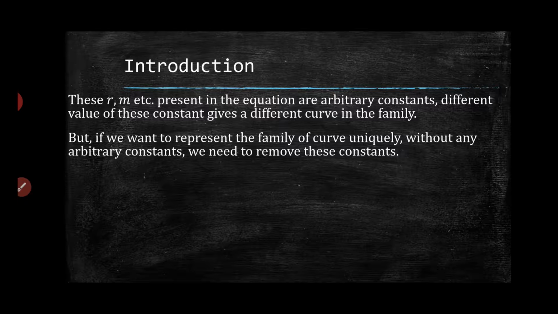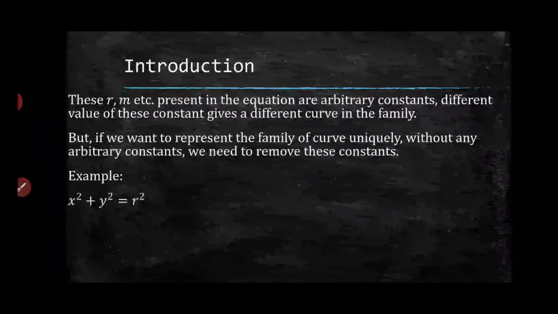The formula should be unique for all the members of the family. So that one particular equation is going to represent all the members of the family of that curve.